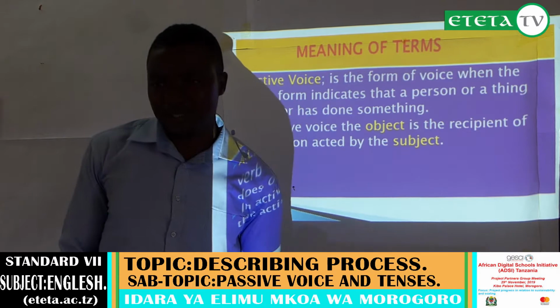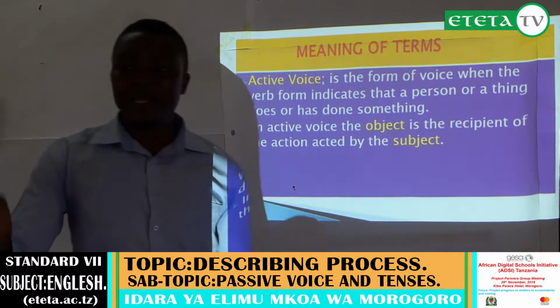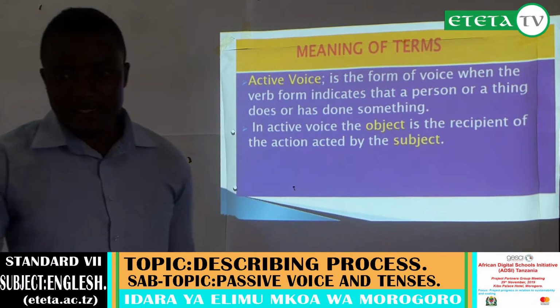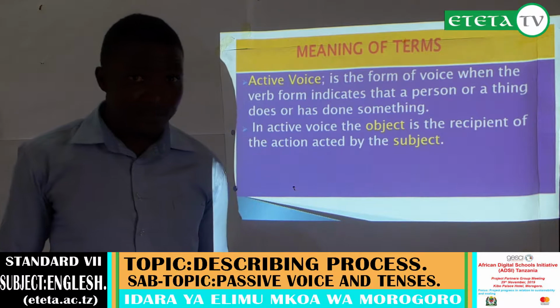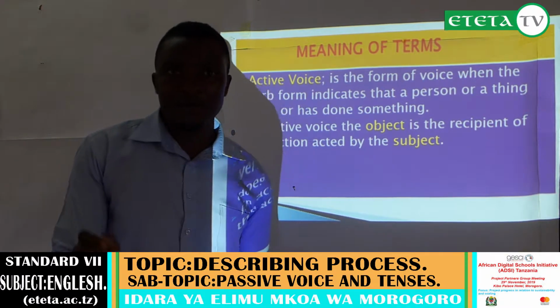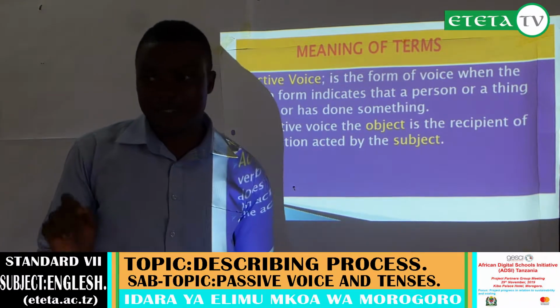In active voice, the doer of the action is the subject. Do you know the meaning of the subject? Subject refers to a person or a thing which performs the action in a sentence.